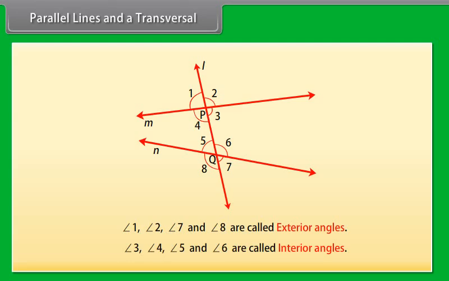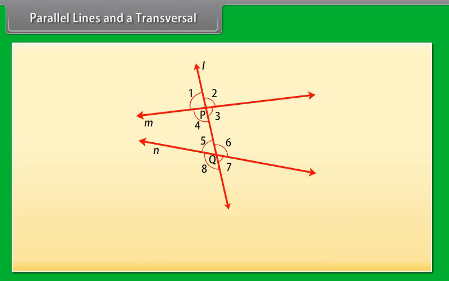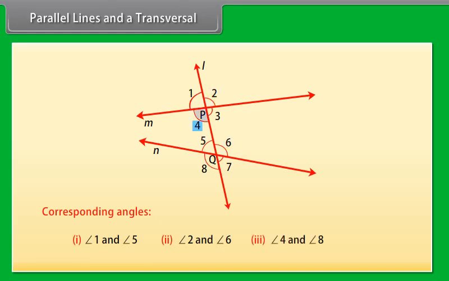We have also studied that when a transversal intersects two lines, we get some pairs of angles. Let's go through them one by one. First is corresponding angles. These are angle 1 and angle 5, angle 2 and angle 6, angle 4 and angle 8, angle 3 and angle 7.